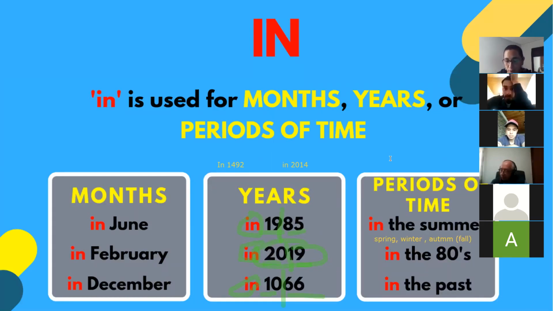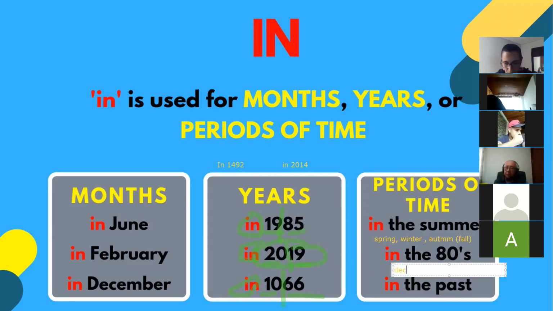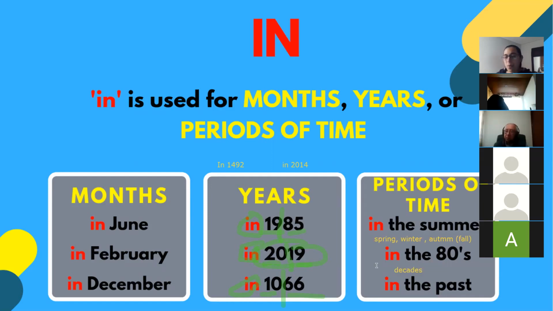Now, when you talk about the decades, for example, when you say in the 80s, in the 90s, in the 70s, right? Decade. And also, it is not in this chart, but you can talk about the centuries.